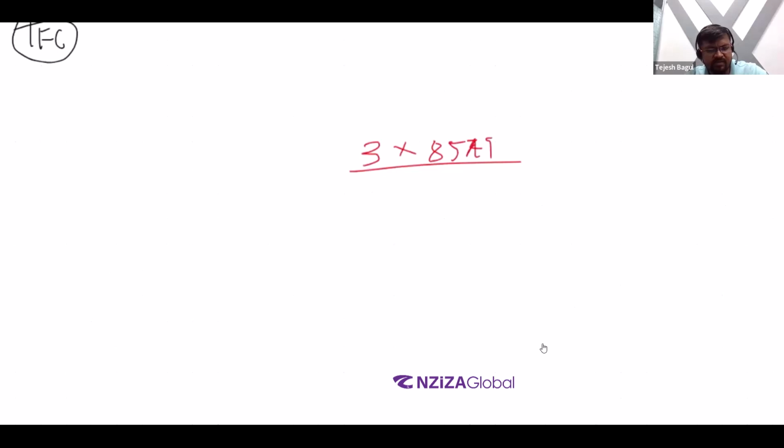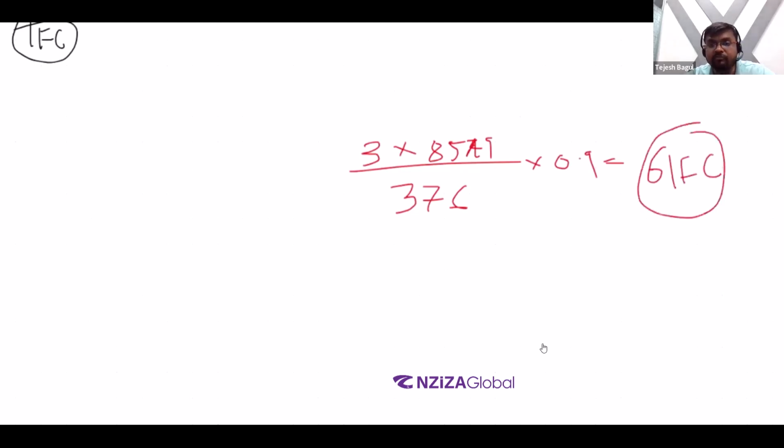The area was somewhere around 378, right? And then we are applying an efficiency factor of 0.9 since we are working indoors. So now 3 into 8549 divided by 376 into the efficiency factor of 0.9 gives us somewhere around 61 foot candles, which makes sure that we are above the 1 foot candle.